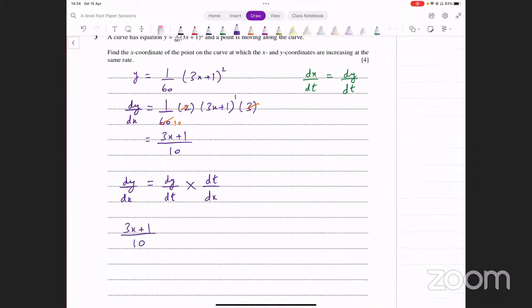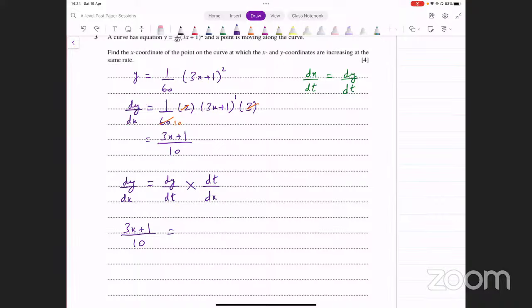Okay. Now we are given that dx over dt is equal to dy over dt. Right? What that means is, on the other side, we have dy over dt and dt over dx. We could replace, for instance, dy over dt with dx over dt. Right? इसको आप replace कर सकते हैं इसके साथ.